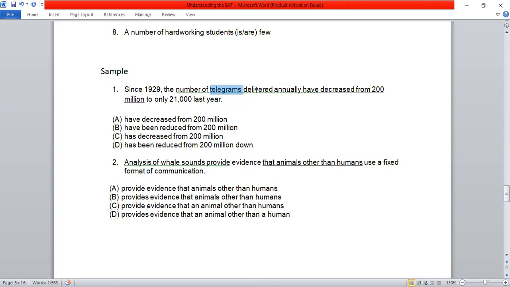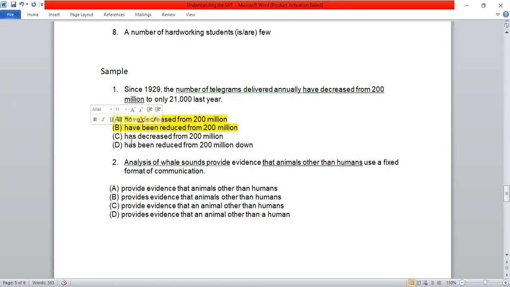No. The number, the count of telegrams. So the number of telegrams have decreased or has decreased. The number is singular, so it cannot be have, which means very simply this option is out and even B is out.